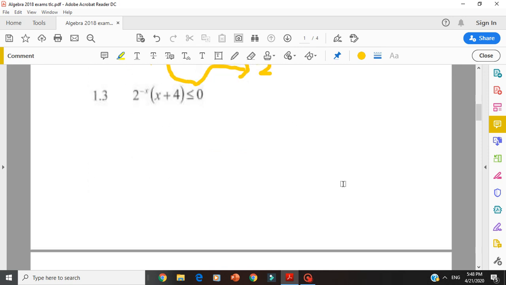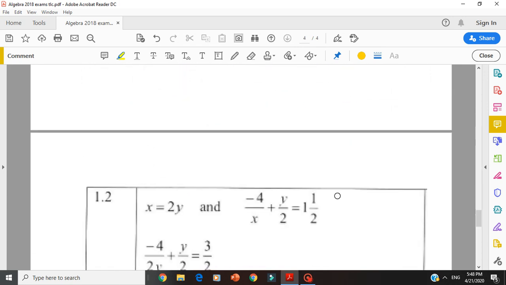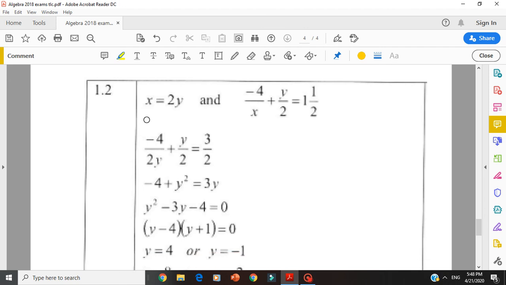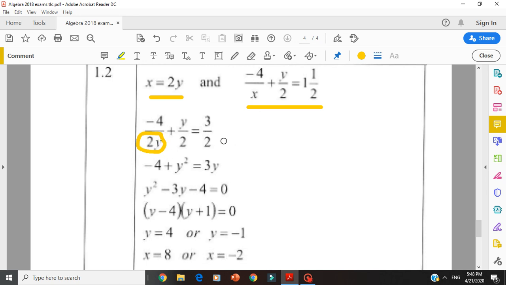And then I'm going to solve for y. So question 1.2, here are our two equations, and wherever we had x, we replaced it with 2y. And so what we did next here was find the LCD.